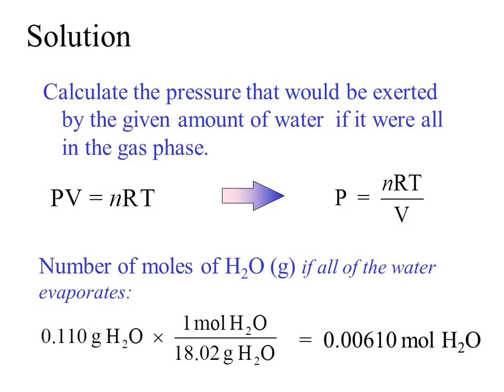The grams will cancel. We'll be left with n, the number of moles of water. Got to remember everything we did in Gen Chem 1, rounding correctly. We have 3 significant figures in the mass, and so that's why we're rounding to 3 significant figures in the moles. So that's our n, and that's going to go right there.